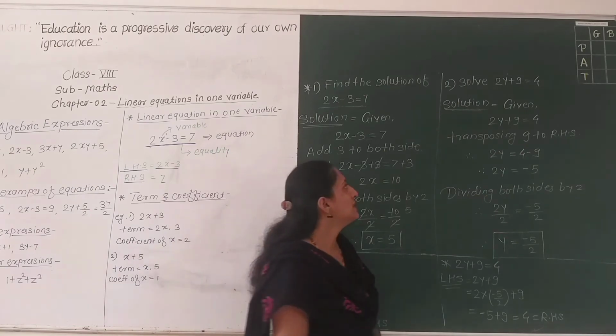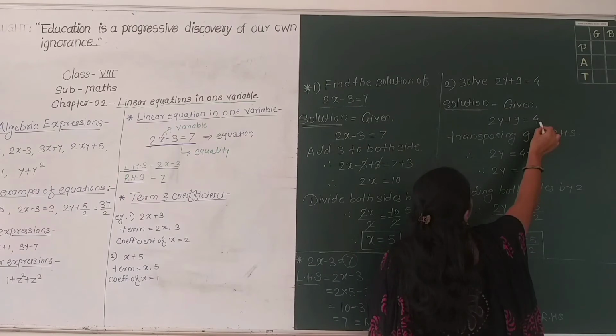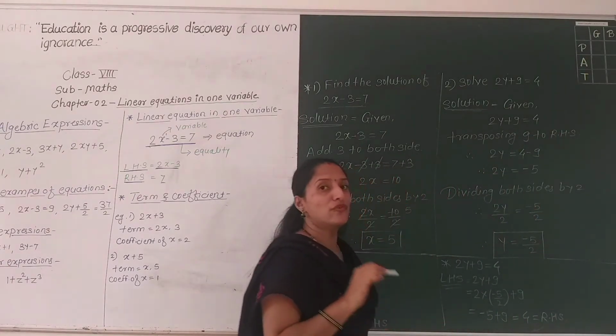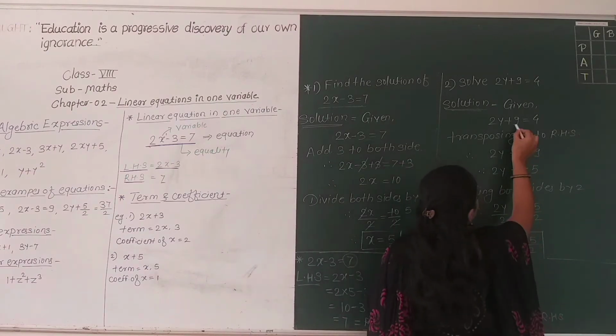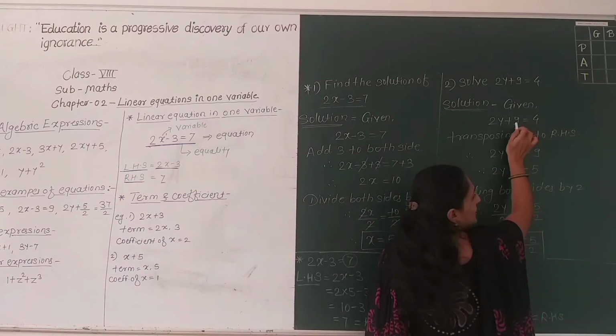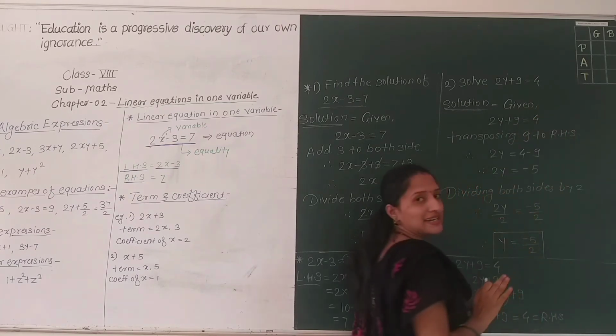So let us start. Look here. We are given that 2y plus 9 is equal to 4. Now we have to find the value of y only. And 9 is the simple number here. So we transpose this number to the right hand side.